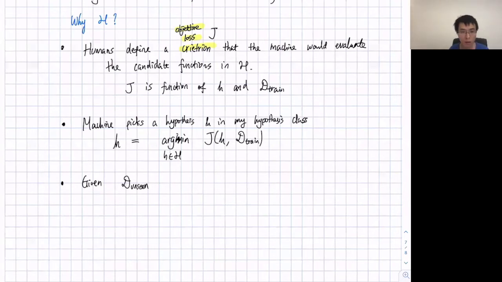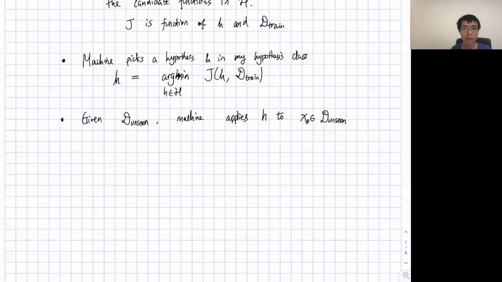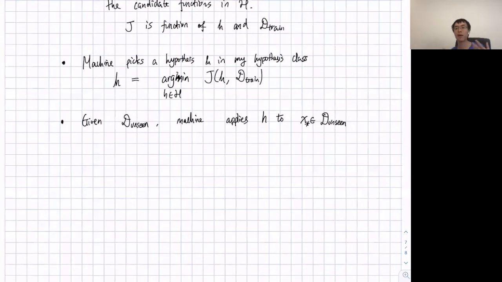So given some unseen data set, the machine applies H to any sample X in my unseen data and makes a prediction. Then I would evaluate my machine learning system, whether it's good or not.